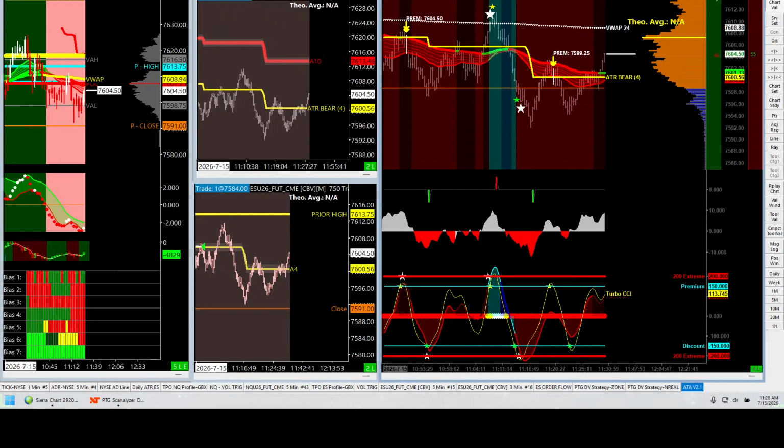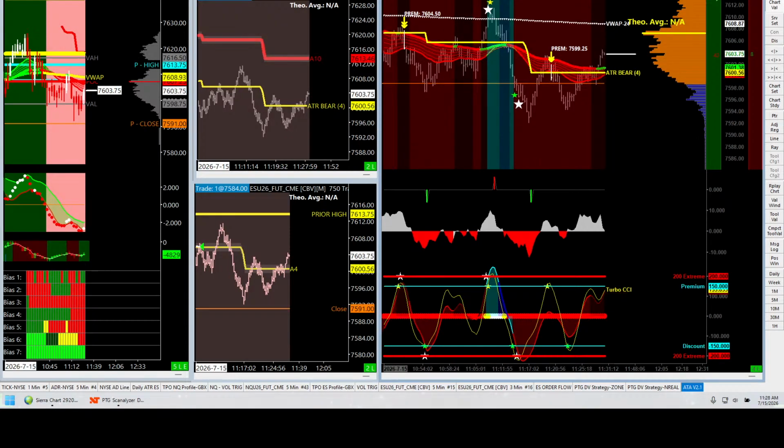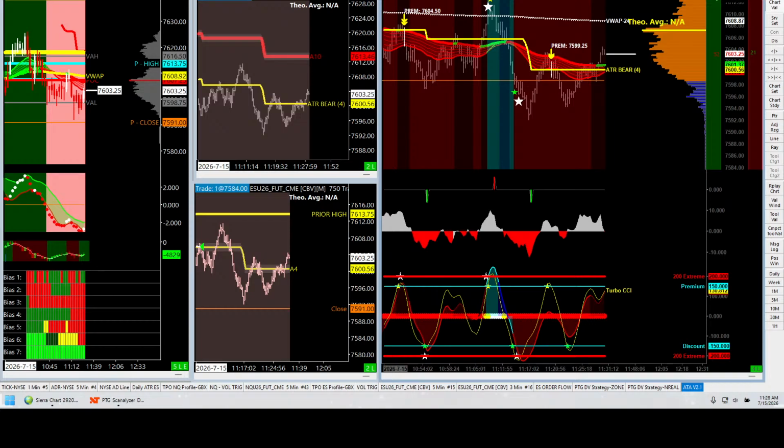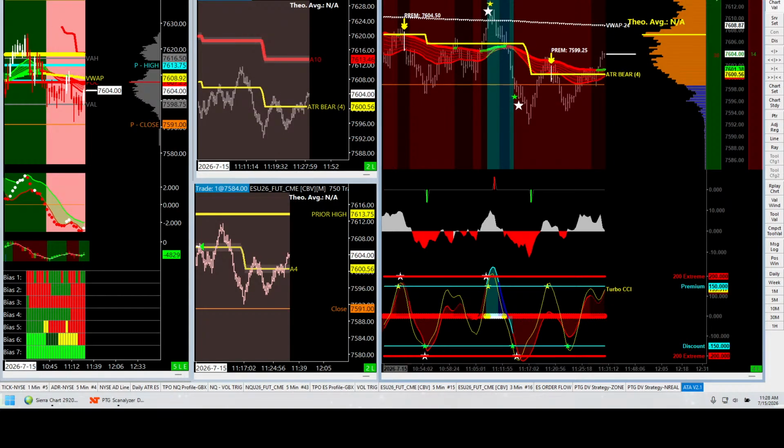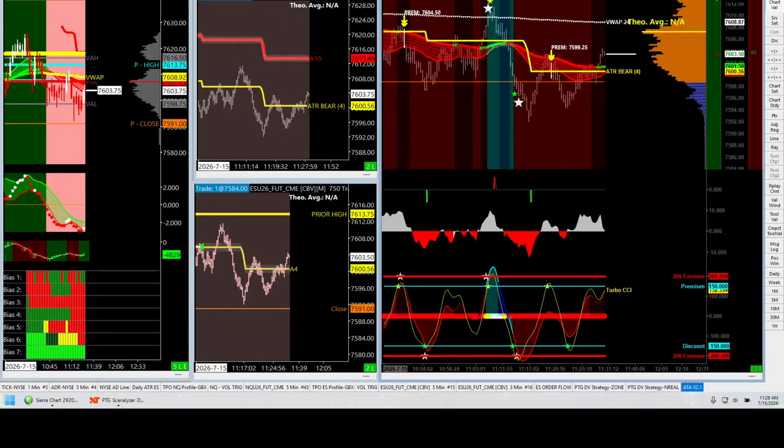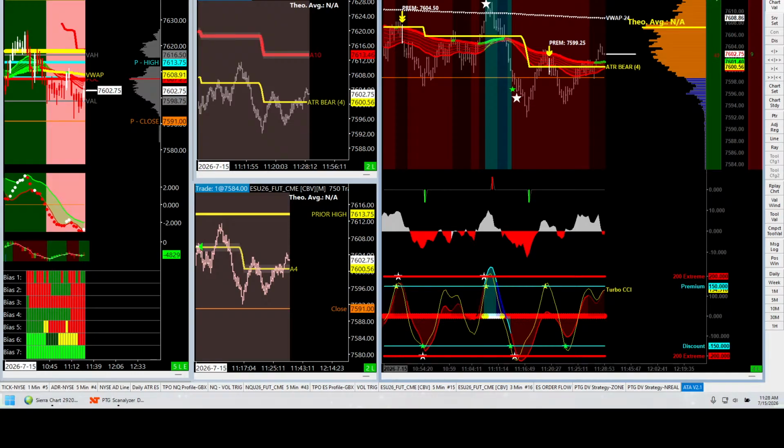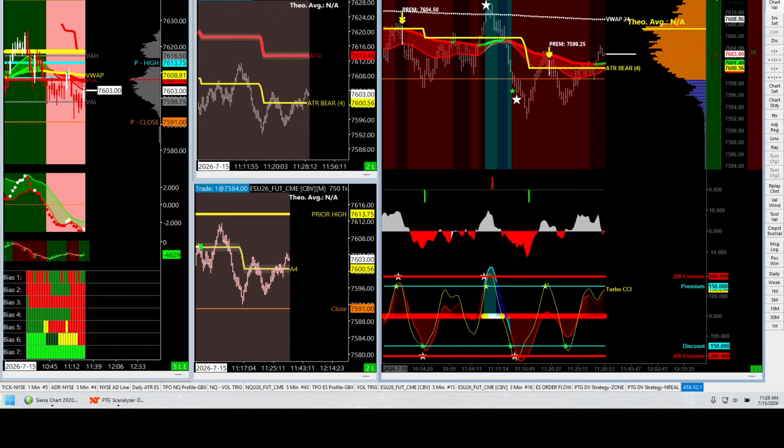Delphine says price plus timing plus structure is the best. Okay, well, that's a broad category. So now you want to break that down into something specific.